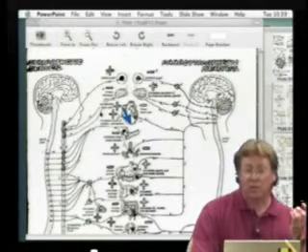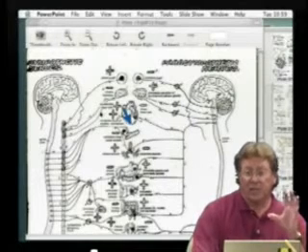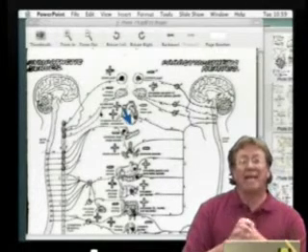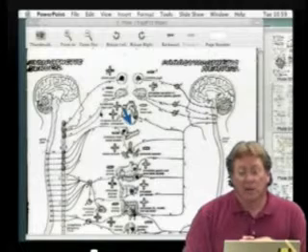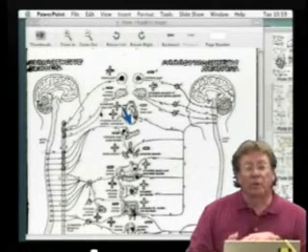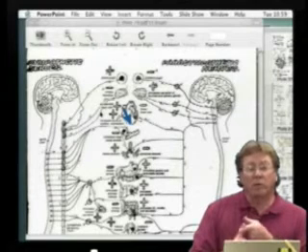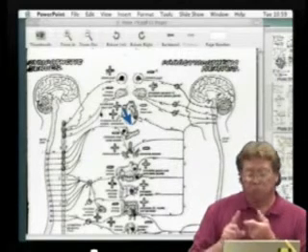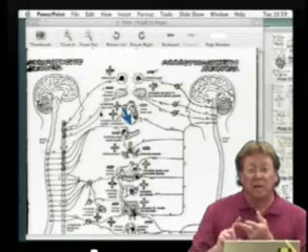So, constrict. Sympathetic nervous system produces a vasoconstriction of these vessels. This vasoconstriction reduces blood flow. So you decrease blood flow to kidneys, to the gut.